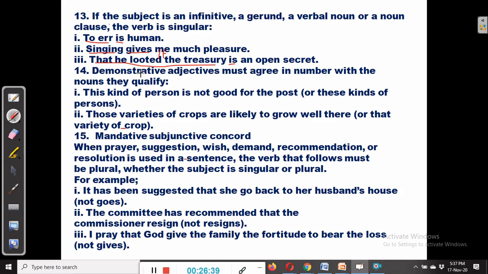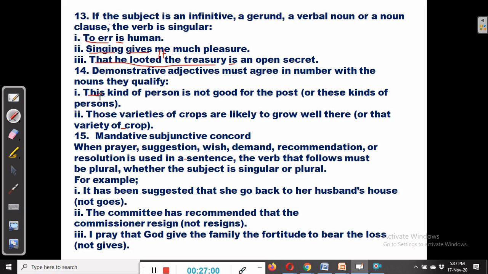Now, rule number 14. Demonstrative adjectives must agree in number with the nouns they qualify. Example: this kind of person is not good for the post. Of course, the demonstrative adjective is "this".